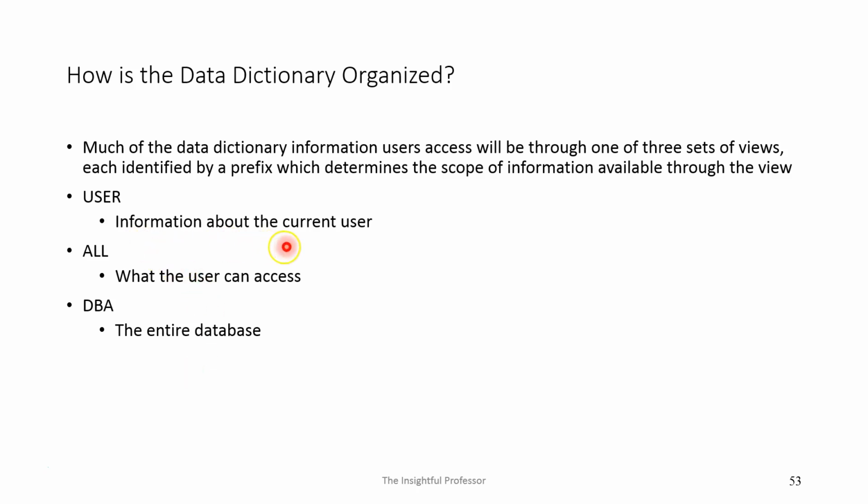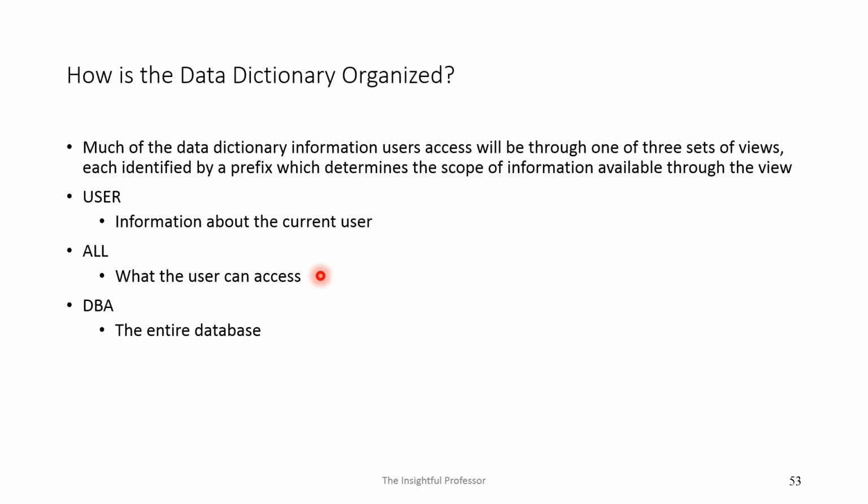The user views contain information that relates to the current user. So if you were to query user tables, you would be seeing the tables in your schema, the tables that you own. Even though there could be hundreds, thousands of other tables out there, you don't see those because you don't own them.